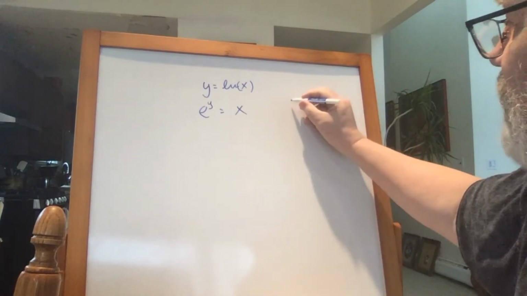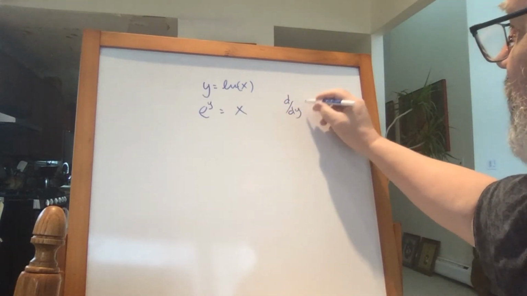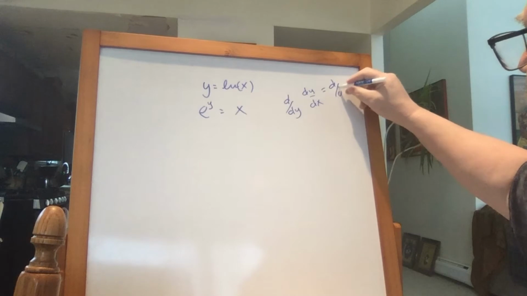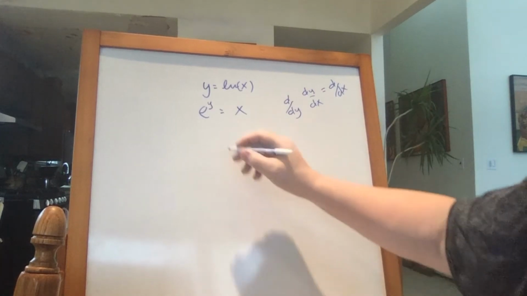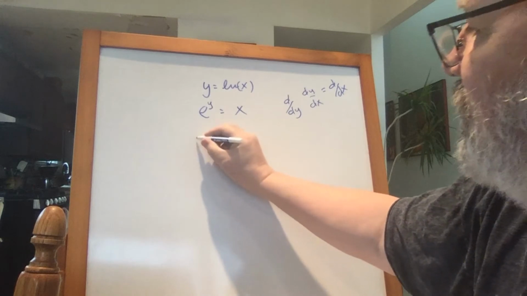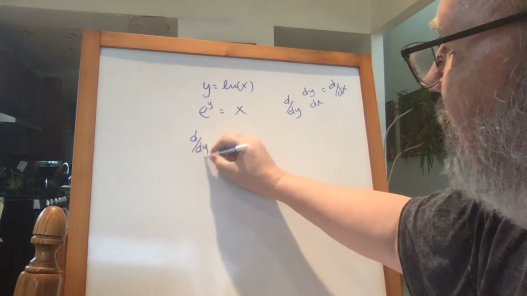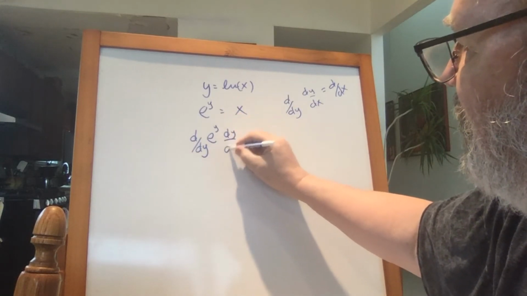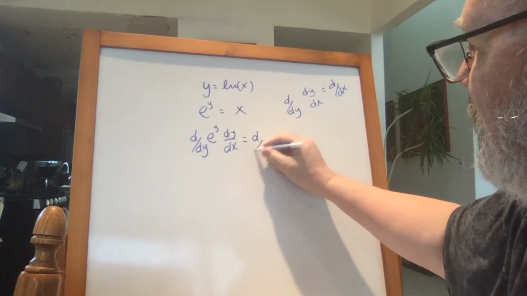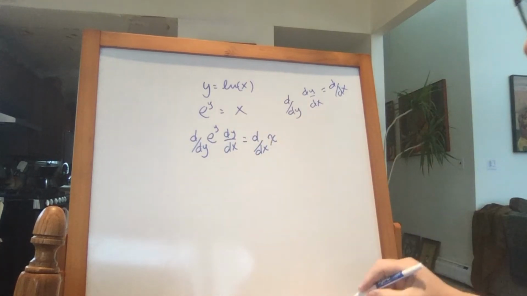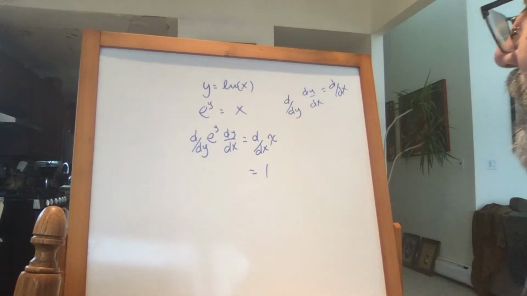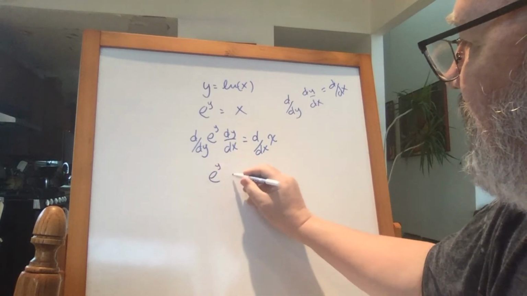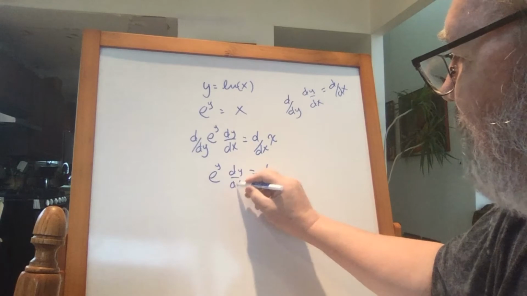So we use the chain rule, d dy, dy dx is equal to d dx. So we go d dy of e to the y, dy dx equals d dx of x, and that's equal to 1. d dy of e to the y is e to the y, dy dx.